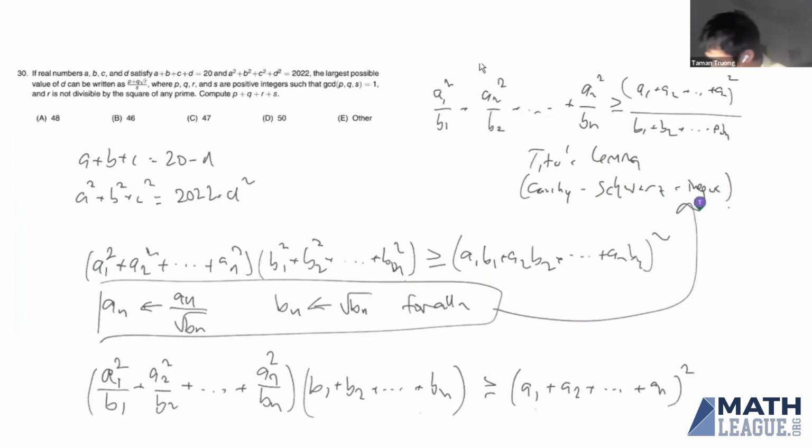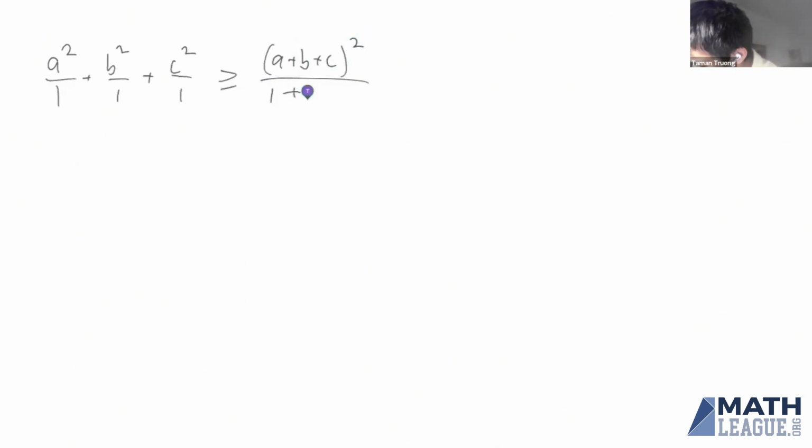Right. So we're actually going to use this with these two equations. We see that A squared over 1 plus B squared over 1 plus C squared over 1. We let the tops be the squares and the bottoms be just 1. Since we know A squared plus B squared plus C squared, this is going to be greater than or equal to A plus B plus C, quantity squared, over 1 plus 1 plus 1, that's A plus B plus C, quantity squared, over 3.